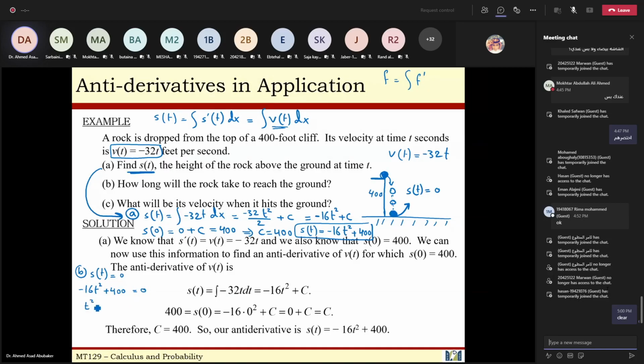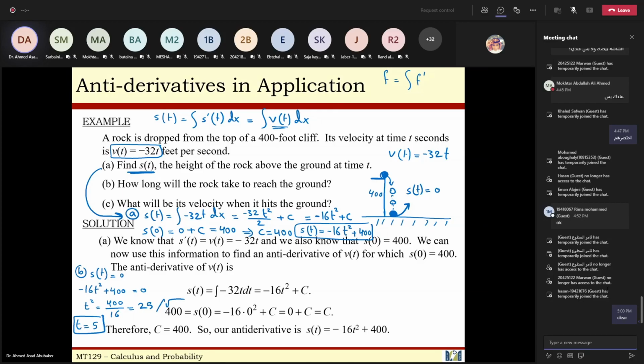So t squared equals 400 divided by 16, that equals 25. So take the radical for both sides, so we have t equals 5.